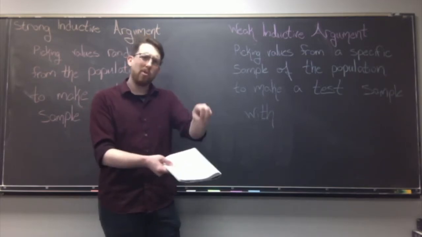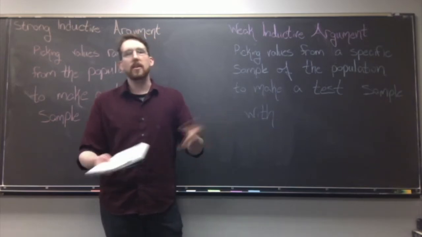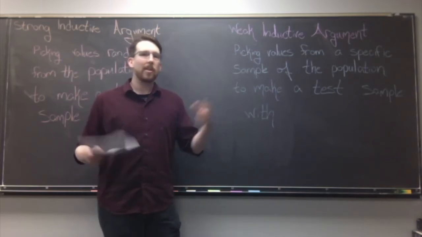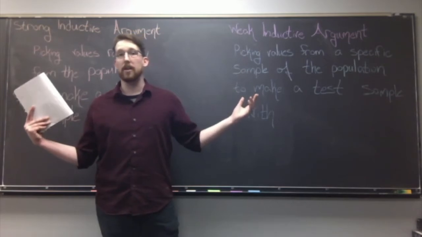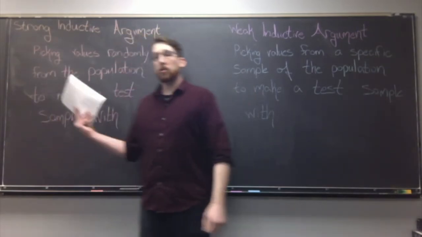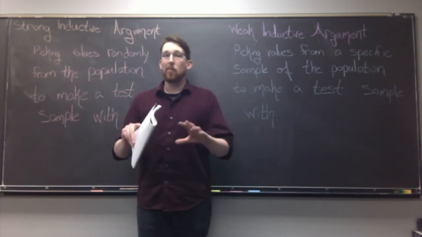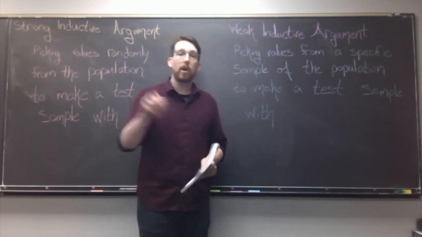Now we're only starting with a handful, which is not necessarily going to be representative of the entire population. And this is the key idea between the two different types of inductive arguments. Strong is that idea of I want it to be randomly distributed amongst the entire population of what I'm testing.